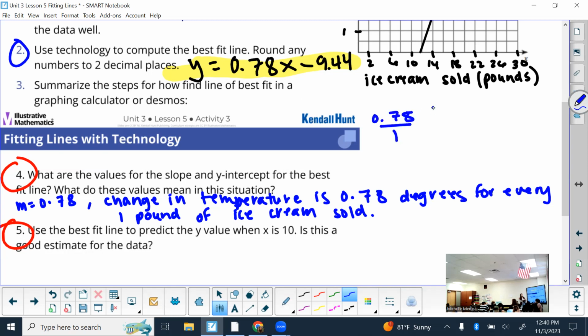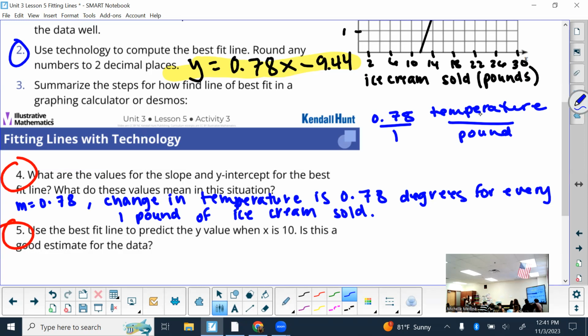Rise is y, so that means it's the change in temperature for every whatever the x was. So x is your run, what's on the x-axis? Pounds of ice cream specifically. So yeah, that's the change in temperature for every 1 pound of ice cream sold.